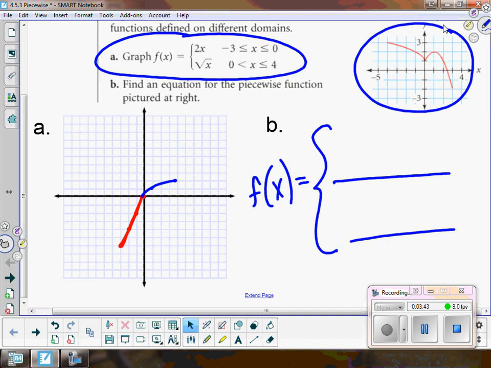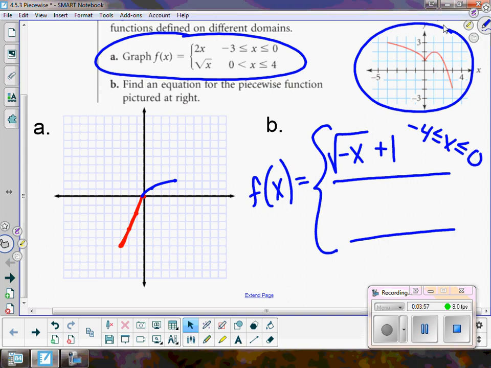This one was the square root of -x plus 1, and I believe it went from -4 to 0. And the second part, that parabola, was an upside down parabola, shifted right 1 and up 2, and that domain went from 0 to 3.